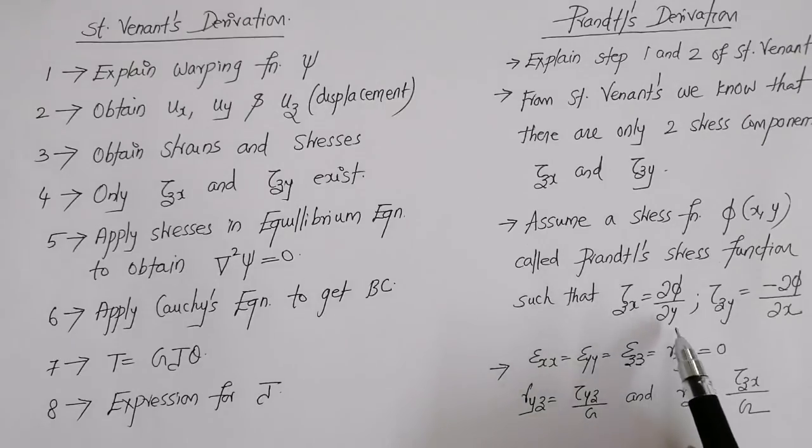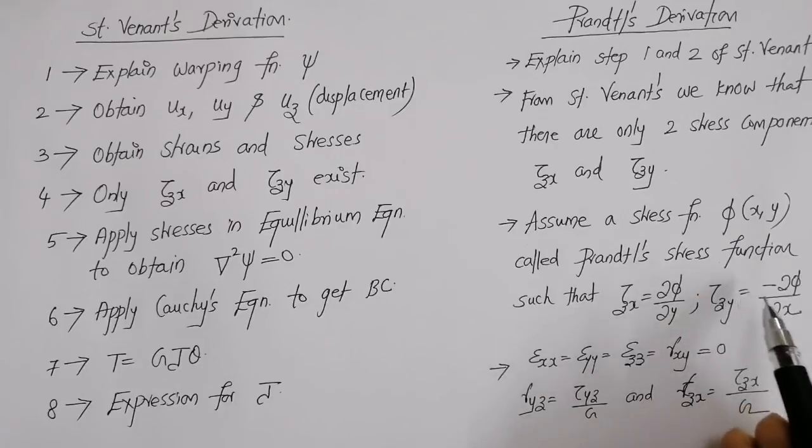If you substitute this in the equilibrium equation, we have taken this value in such a way that the equilibrium equation 3 is automatically satisfied. You can see equilibrium equation 1 and 2 vanish.